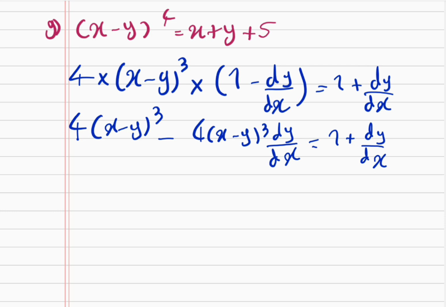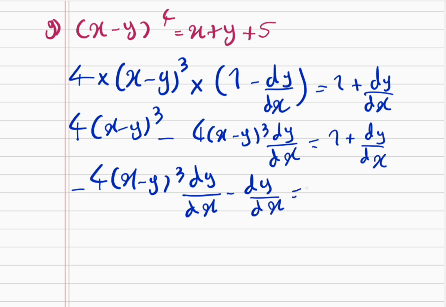Now I want to have the dy/dx terms on the left hand side and the other things on the right hand side. So minus 4 times (x minus y) cubed dy/dx minus dy/dx is equal to 1 minus 4 times (x minus y) cubed.